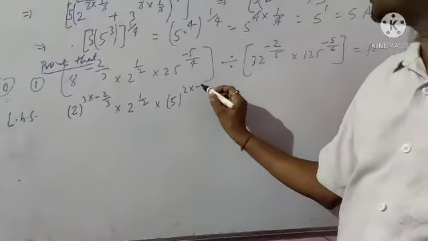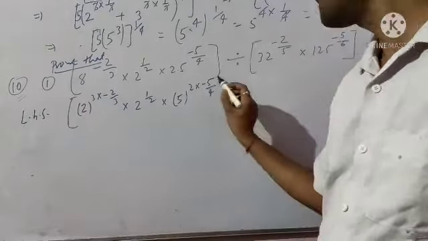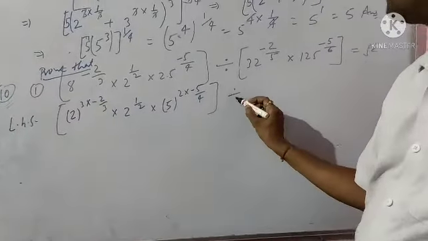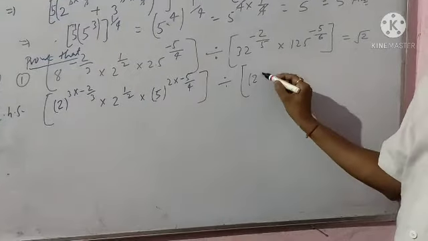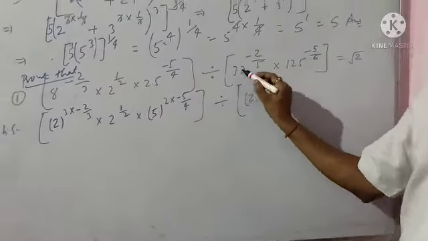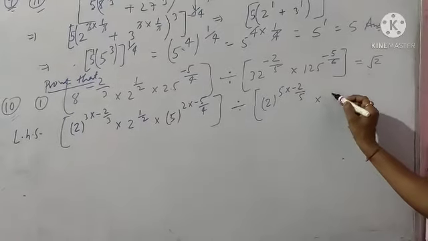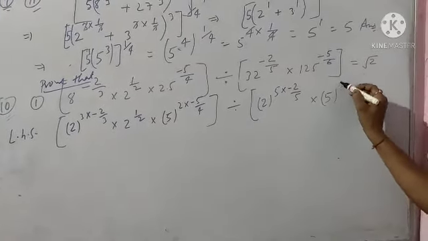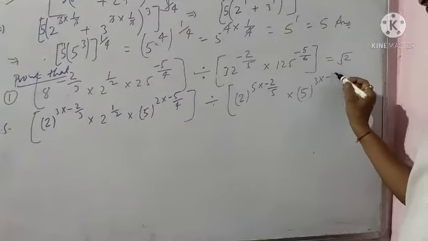So 5 into 2 into minus 5 by 4, bracket close. Here is the division. Again 2 का power 5. We know that 2 का power 5 is 32, into minus 2 by 5, into this value is 5 का power cube. 5 का power cube is equal to 125, into minus 5 by 6.